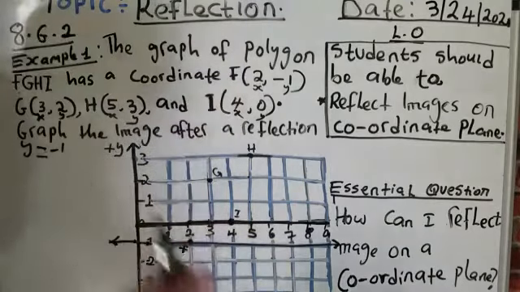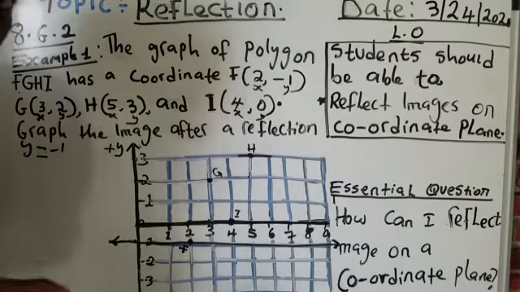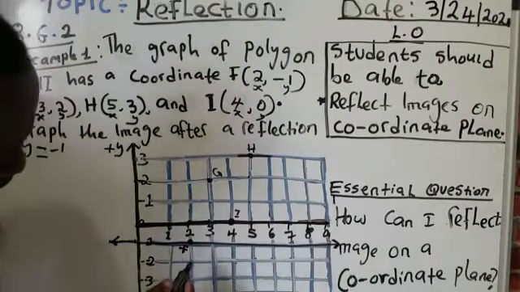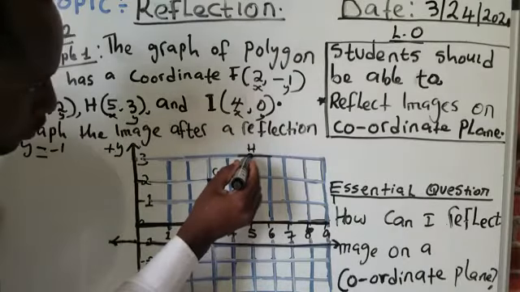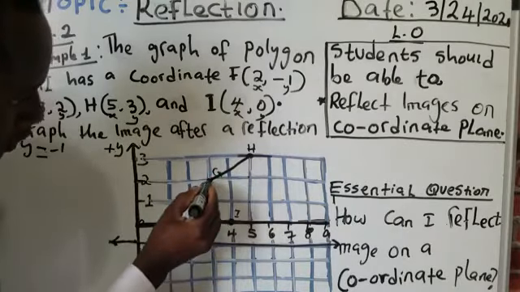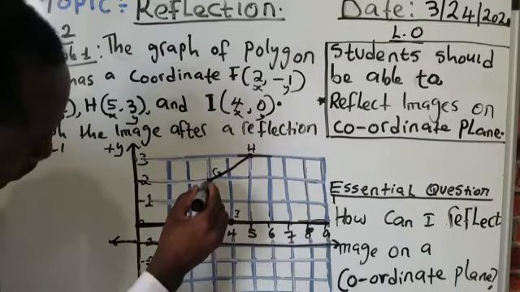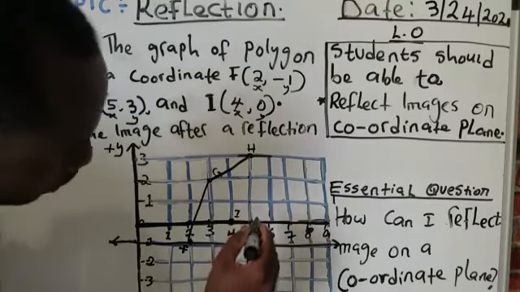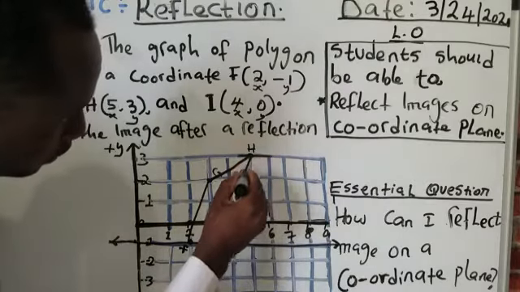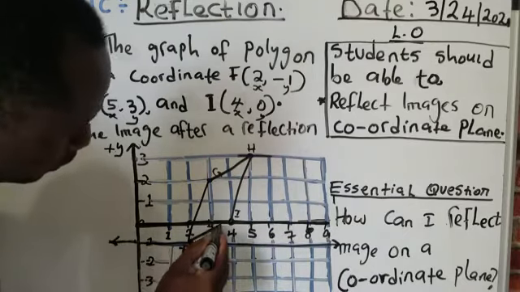Now, I want to combine all the coordinates to form a polygon. Let's combine them so we can get our polygon. We're going to have something like this. Then something like this. And this.